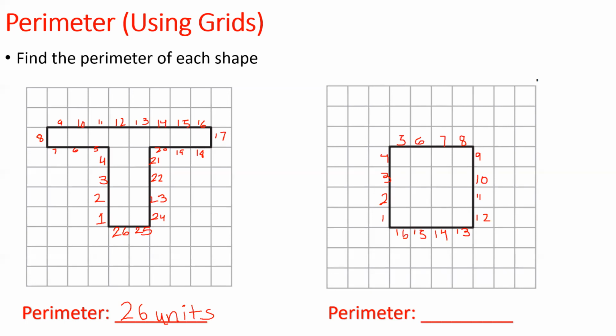So how much do we have in total? What's the perimeter?